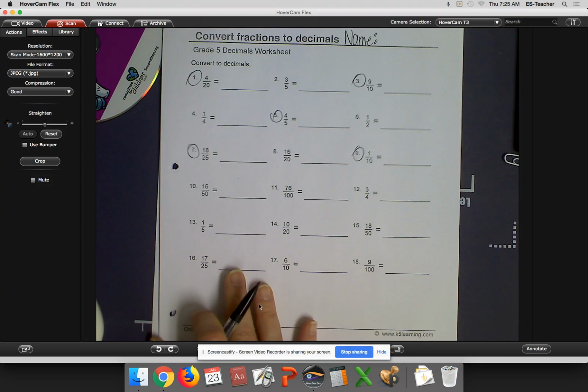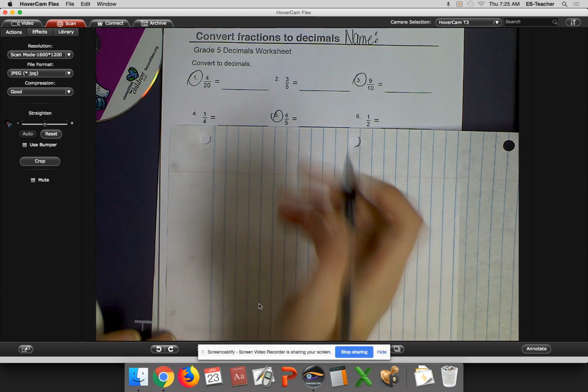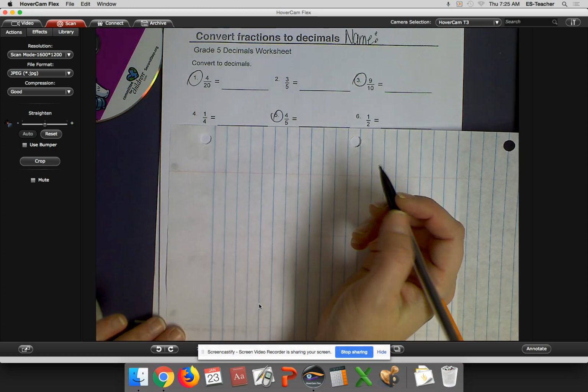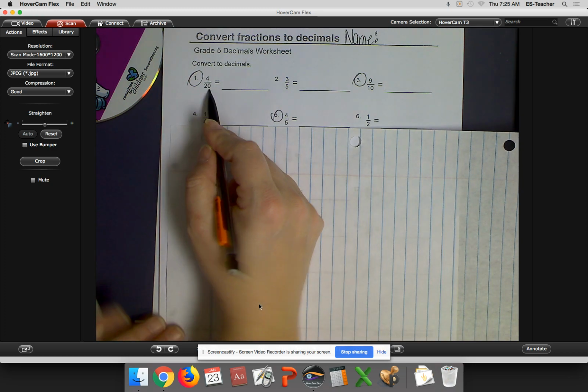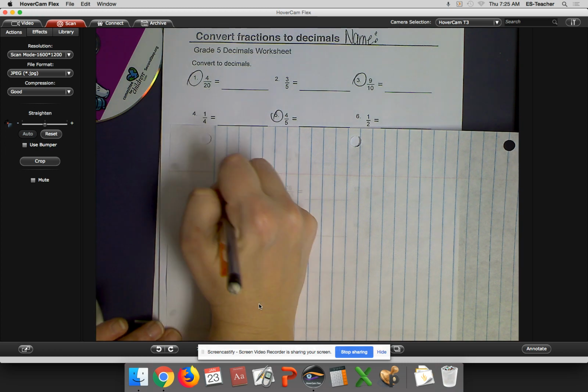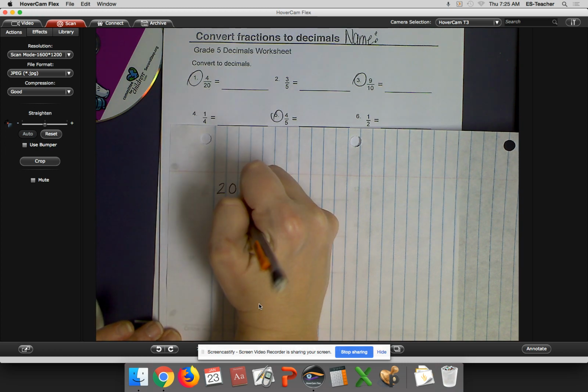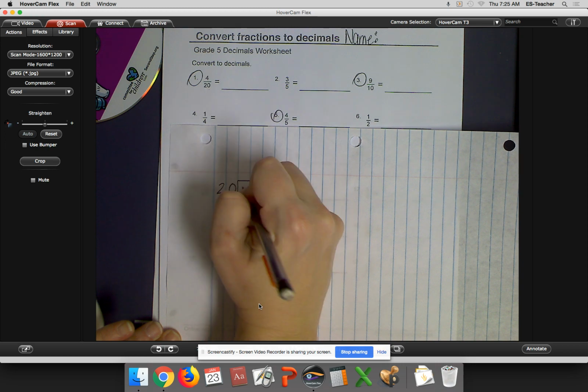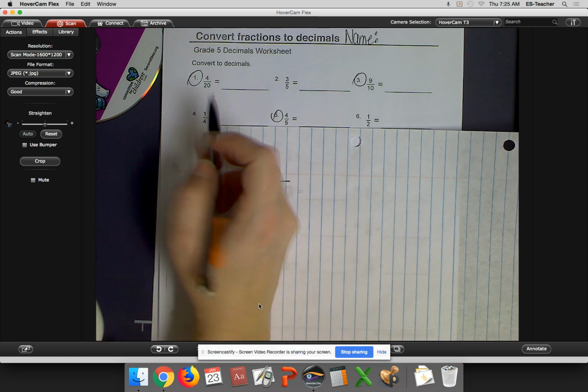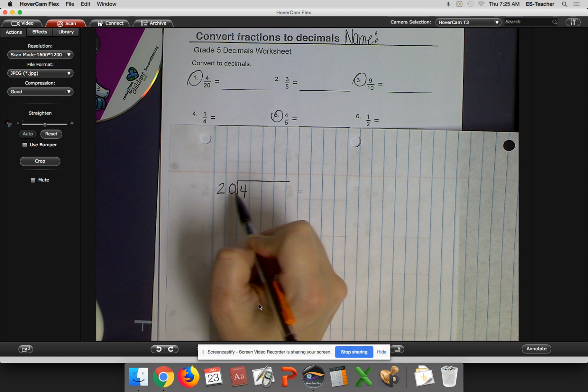Okay, so remember. The first thing we're gonna do is you're going to take your denominator, which is your dog that stays outside, right? And that goes into 4, okay? Remember, your dog is your denominator and the dog goes outside.